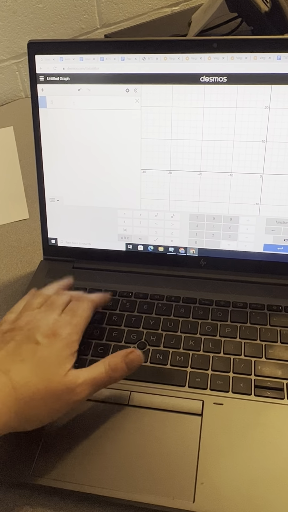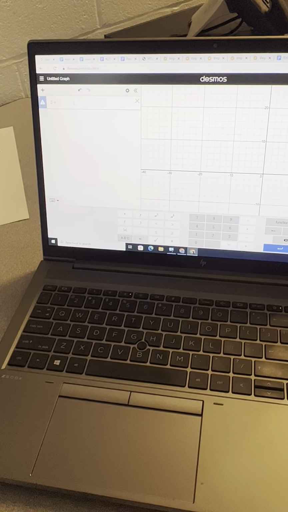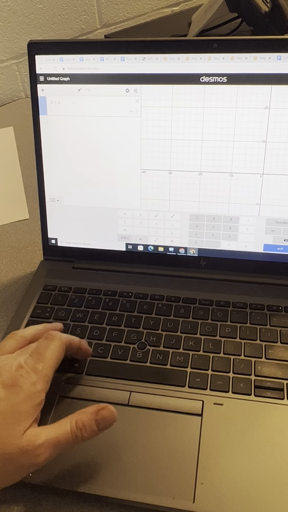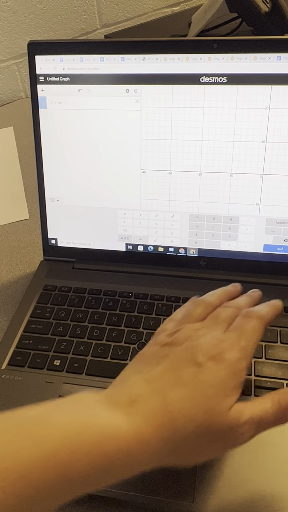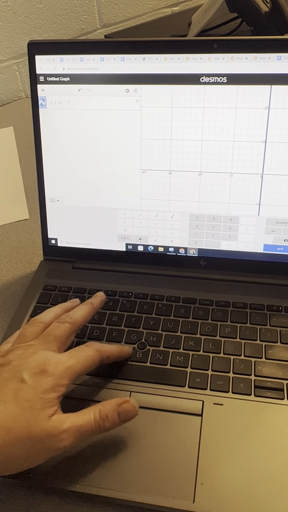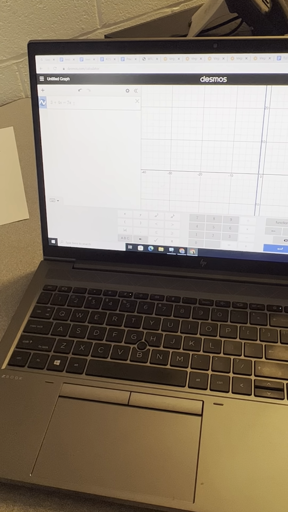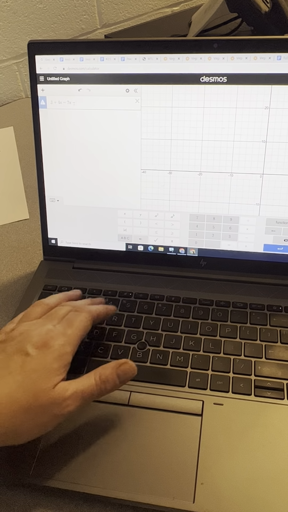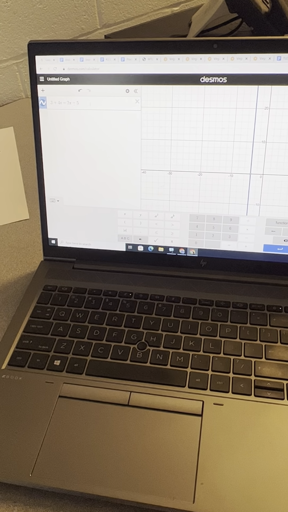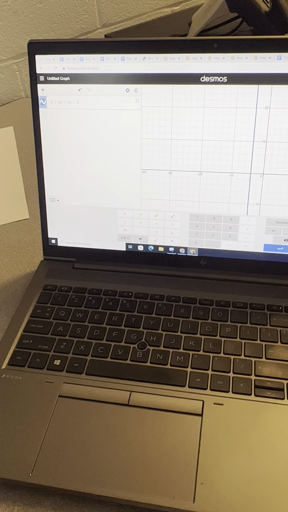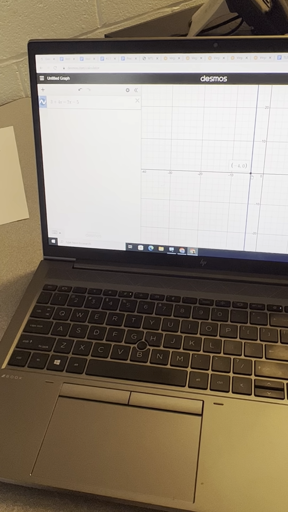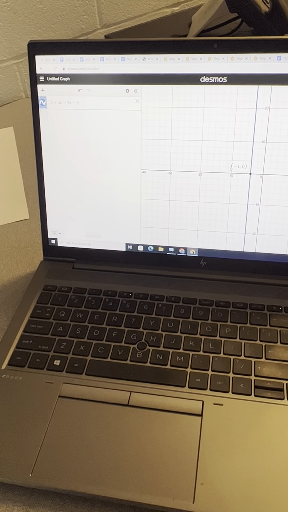All right, 3 plus 4x equals 2x minus 5. Okay, so that one appeared. We could click on it and it gave us -4, which means we were correct. So that's how you could check your answers on Desmos. All right, this concludes our lesson for Unit 2 test review.